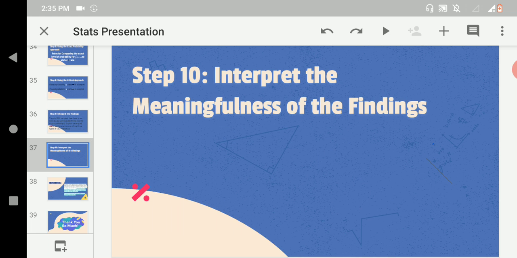When we interpret the meaningfulness of the findings, we include the values that we calculated a while ago, and how we came to accept the null hypothesis and reject the alternative. So we have to state those. So that's how we interpret the meaningfulness of the findings. So that would be all.